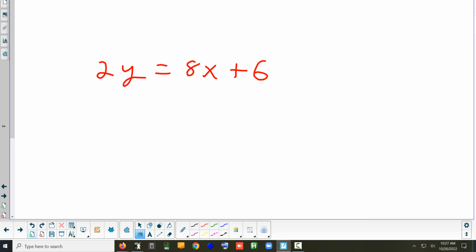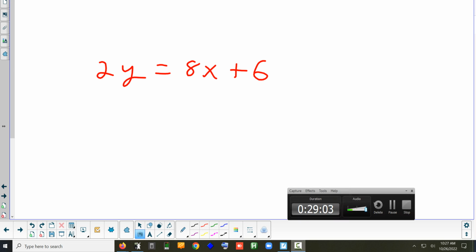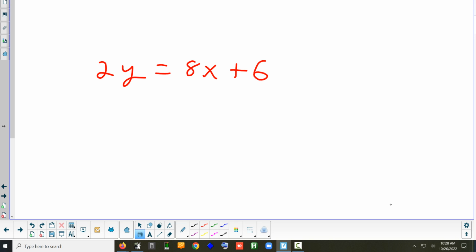Is it written in y equals mx plus b the way it is? Sean? No. Y equals mx plus b means the y is by itself. The y is not by itself. Okay, so we said here that y isn't by itself, but is there something I could do to get y by itself?